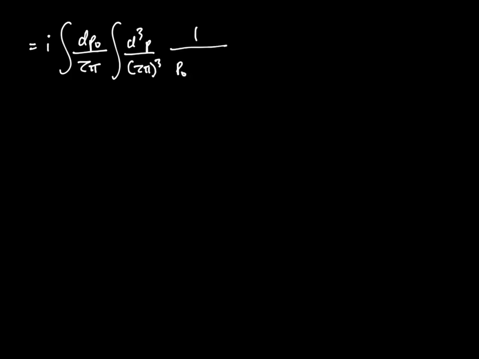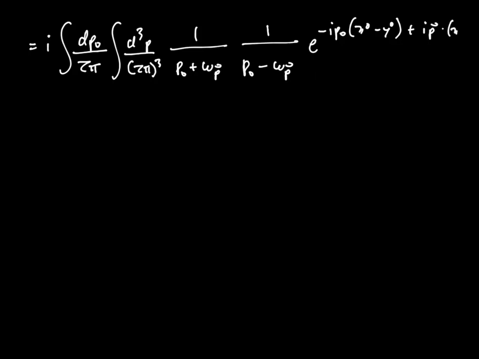What I get is that this thing is i times the integral of dp naught over 2 pi, d^3p over (2 pi)^3, e to the minus i p naught, x minus y.